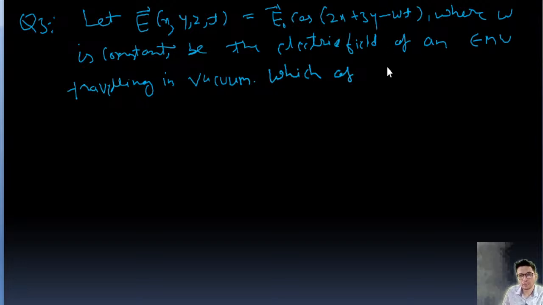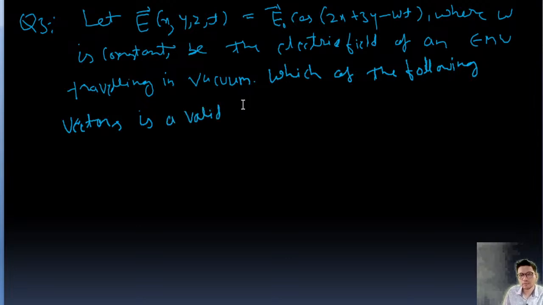Which of the following vectors is a valid choice for E naught?